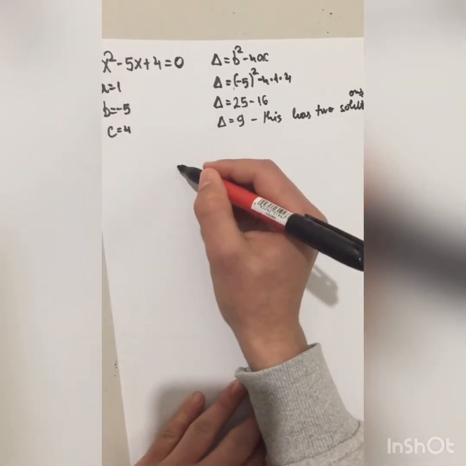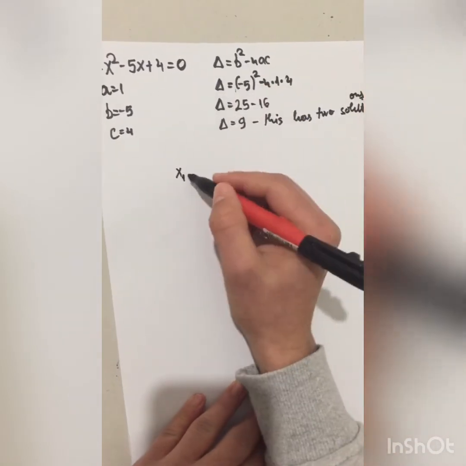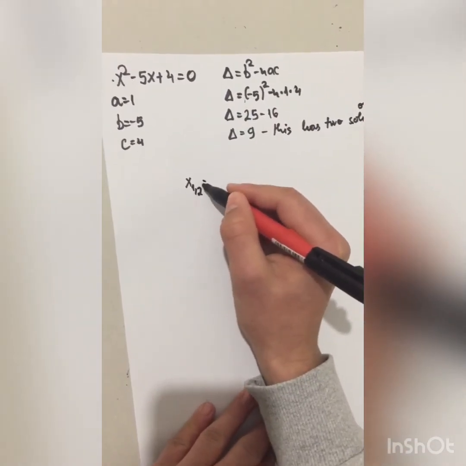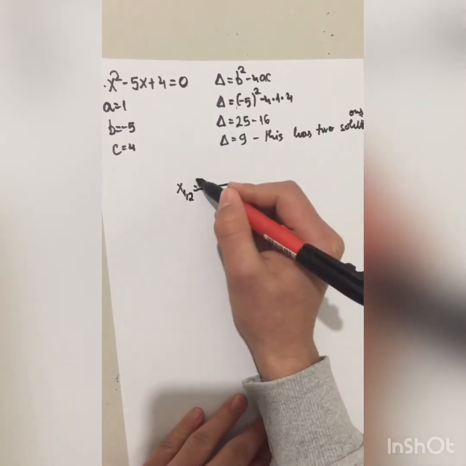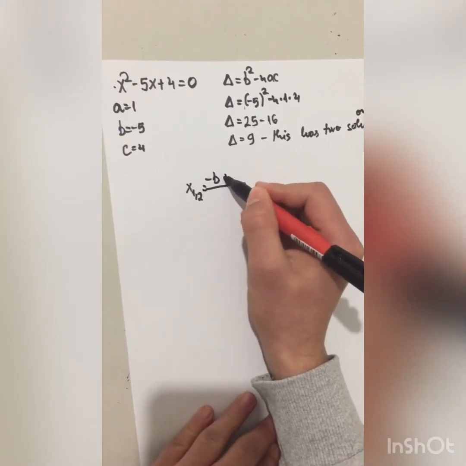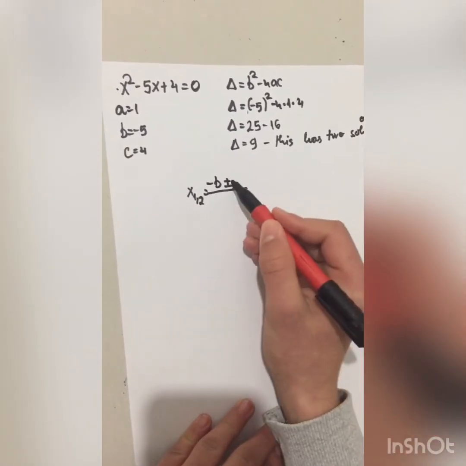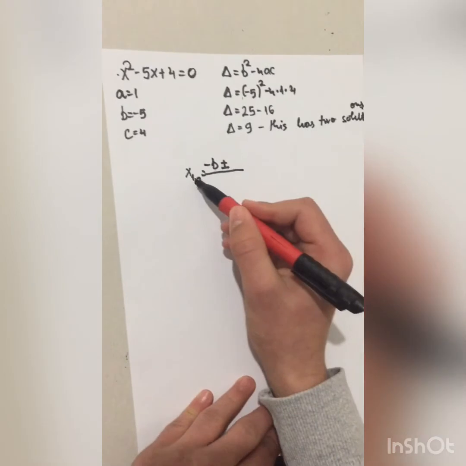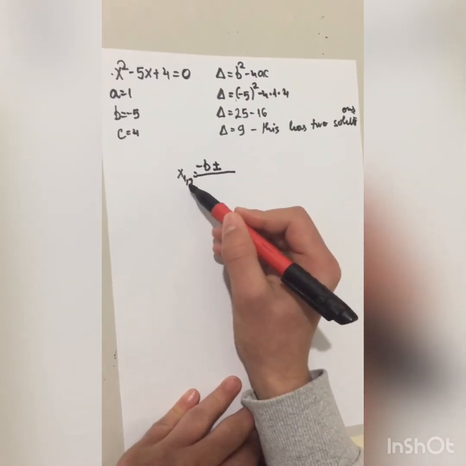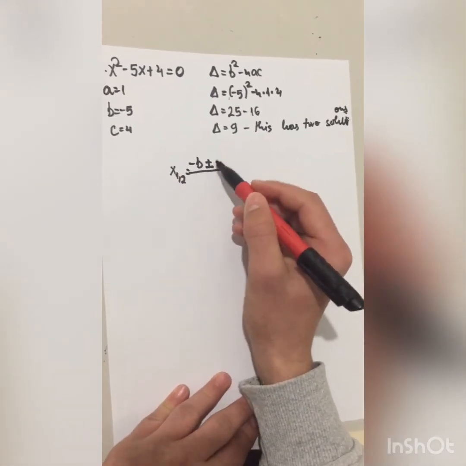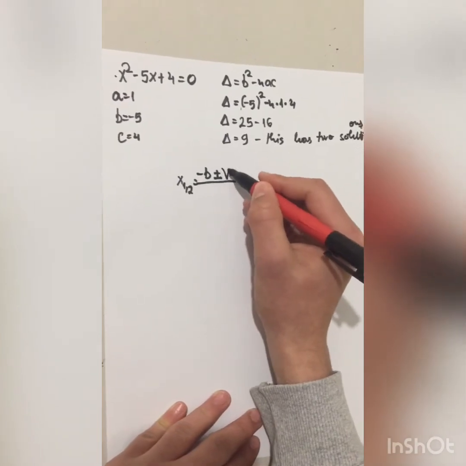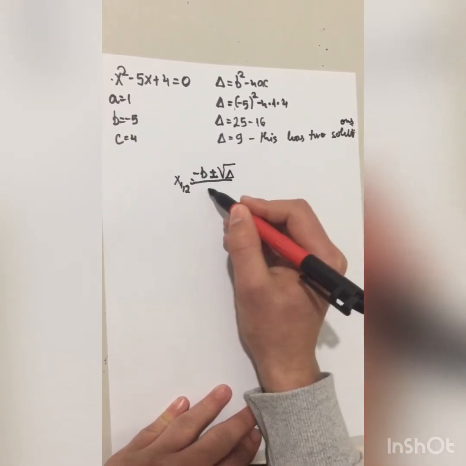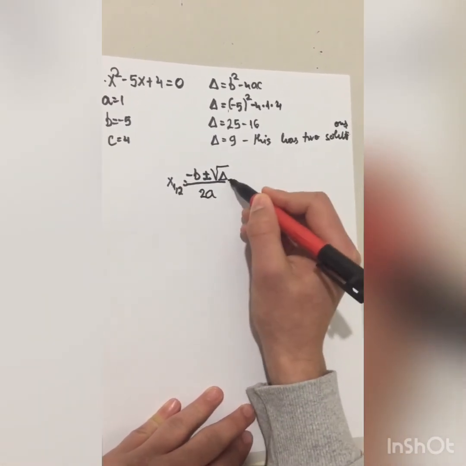Now we have a formula where we are going to apply delta. x1 or 2 is equal to minus b plus or minus root of delta over 2a. The plus or minus sign means x1 is with plus and x2 is with minus.